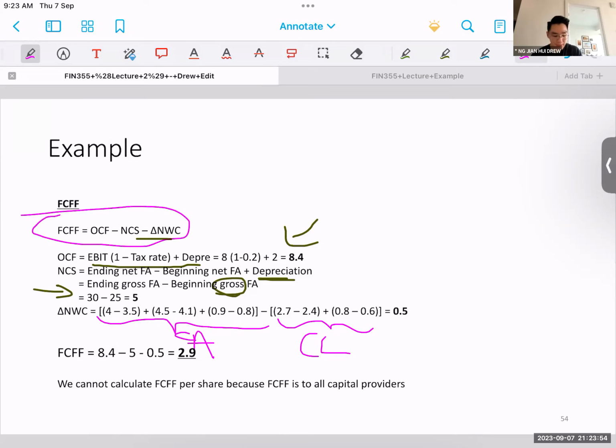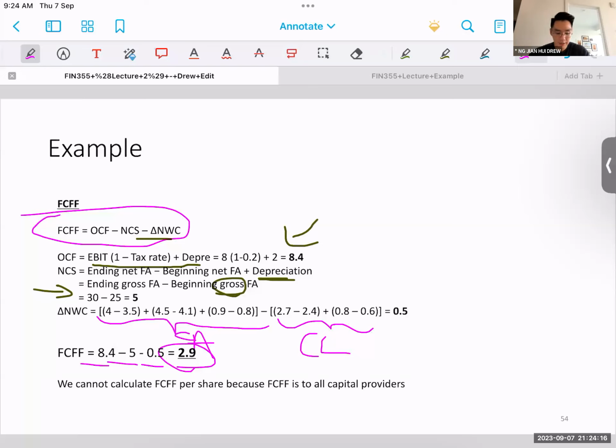So we just take the number, 8.4 minus 5 minus 0.5. We get 2.9 here. Any questions so far? No? Okay, we are good.